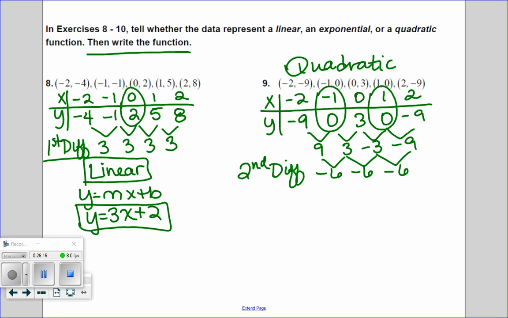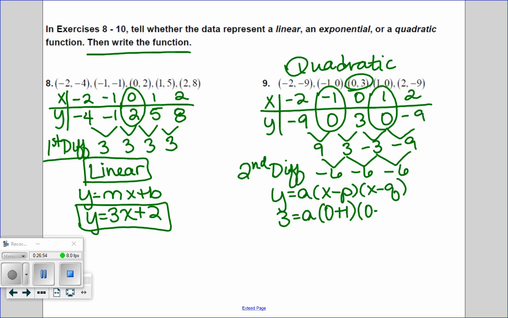If I know that my x-intercepts are at -1 and at +1, I can use those as the p and q in our intercept form. But what other variable do we still need? A, right? So we'll borrow a point. Maybe I'll borrow the ordered pair (0, 3), so that y is 3 when x is 0.